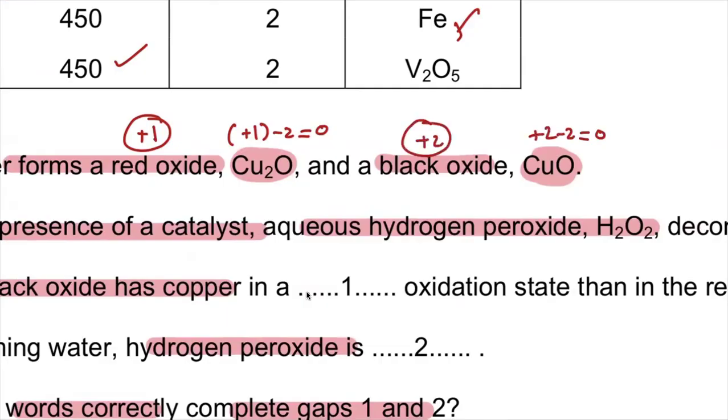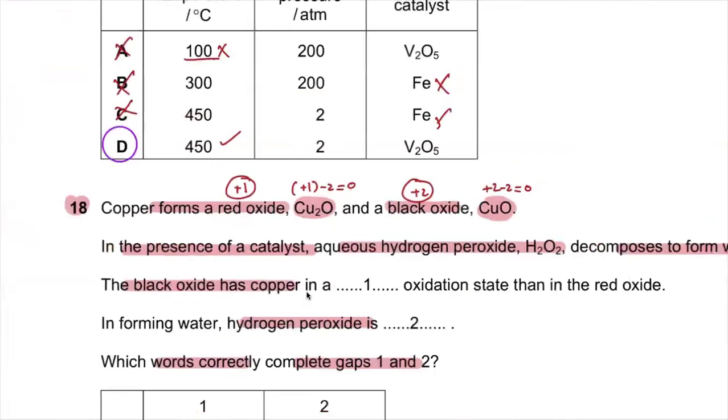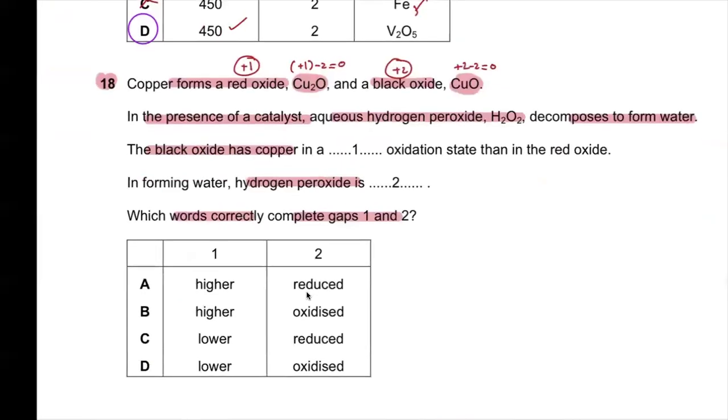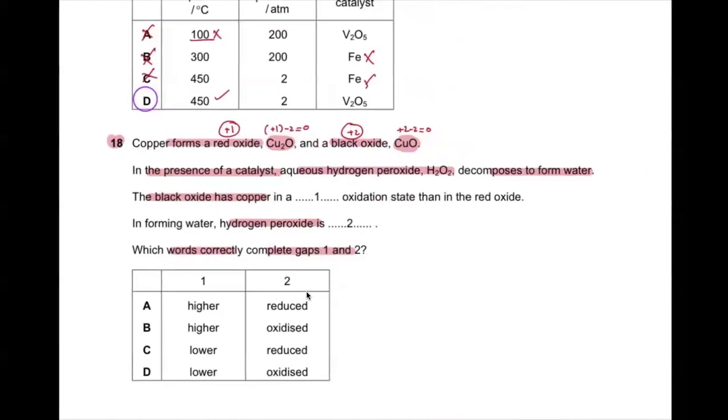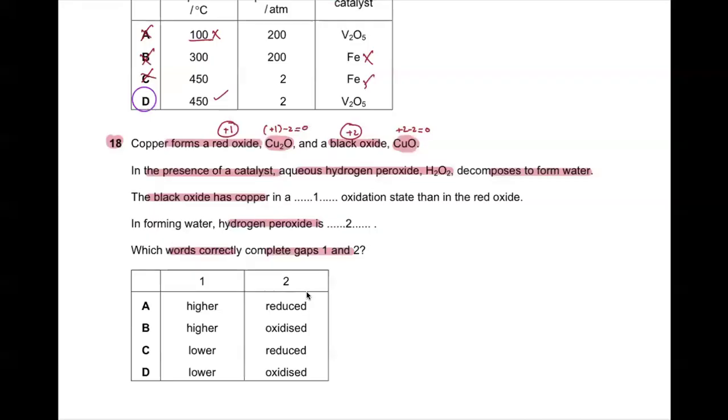So the black oxide has a copper in higher oxidation state, right? In black oxide, copper is +2. So over here, it is going to be the higher oxidation state than in the red oxide. So that makes C and D go wrong.